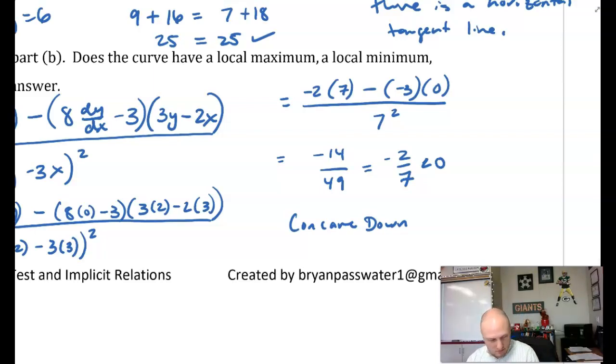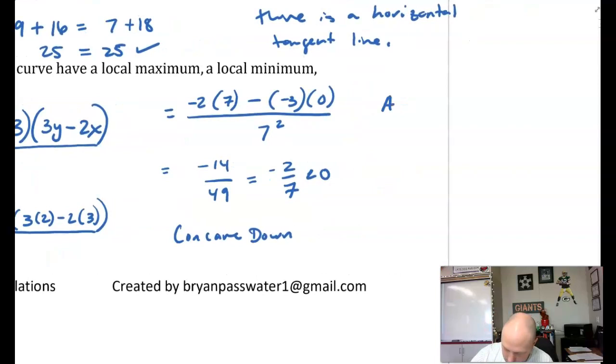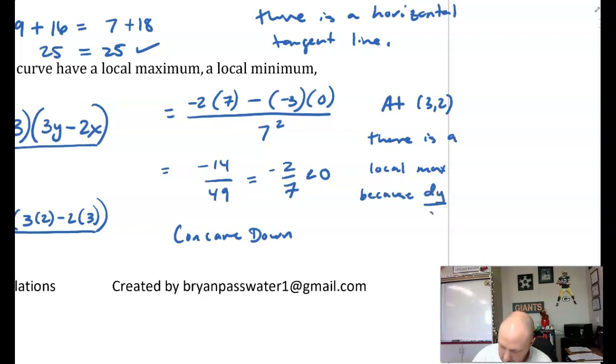So we can say at (3, 2) there is a local max because dy/dx is equal to 0 and the second derivative is less than 0 at this point.